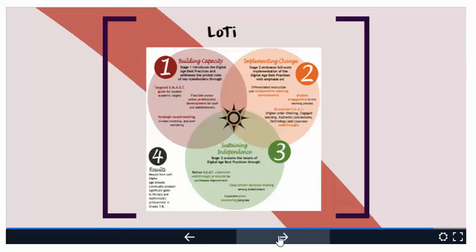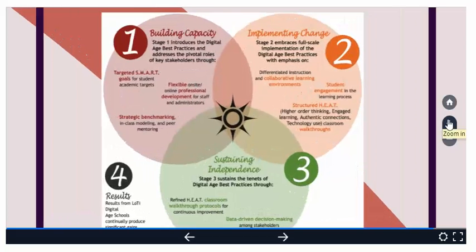Now, let's go to the LoTi. This focuses on a balance of instruction, assessment, and the effective use of digital tools. This model has a 3-stage process: building capacity, implementing change, and sustaining independence.